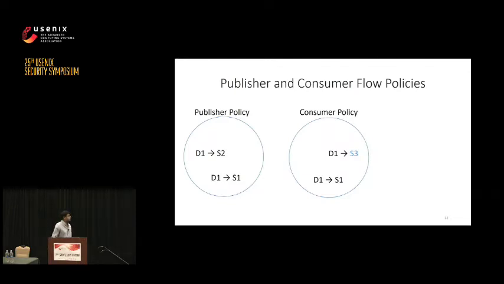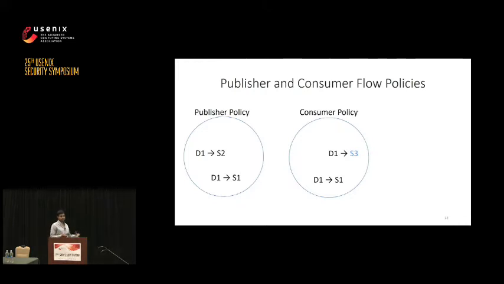So in this example, it allows the flow of D1 to S2 and D1 to S1. But in practice, it's difficult for a publisher to predict all uses of its data in advance. So we also introduced the notion of a discretionary style consumer policy that gives a consumer a chance to request intended data flows. So in this case, it wants to send D1 to S3 and D1 to S1.